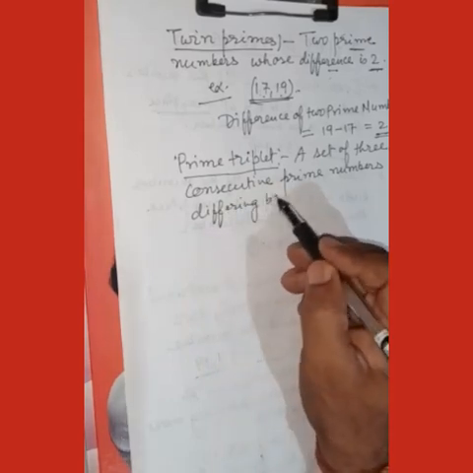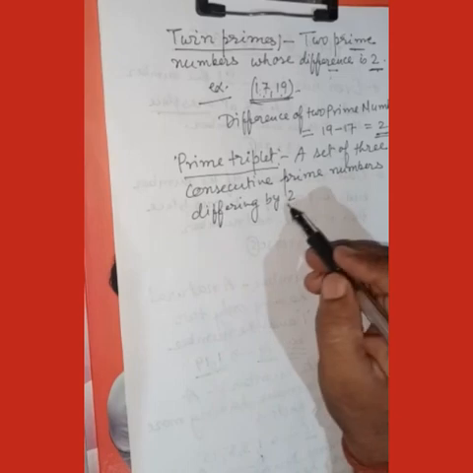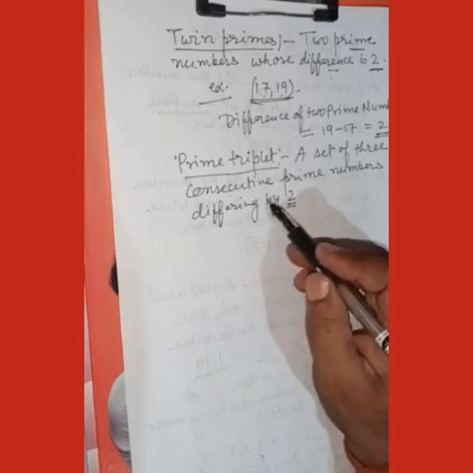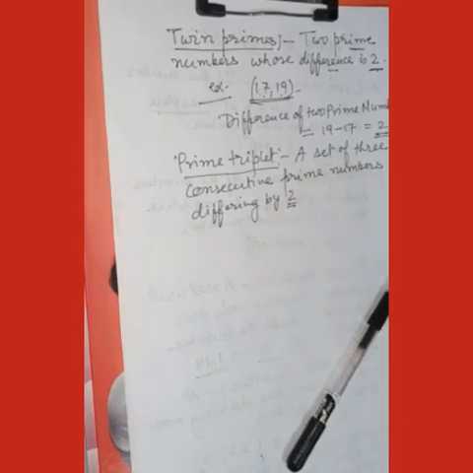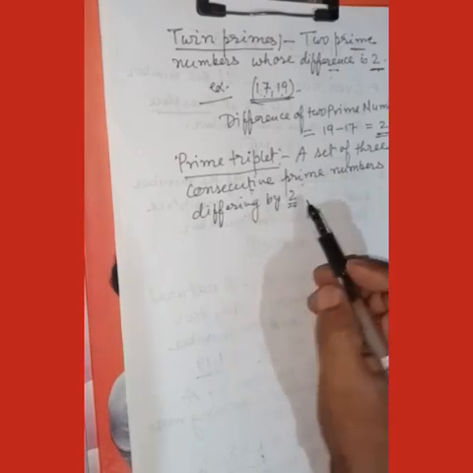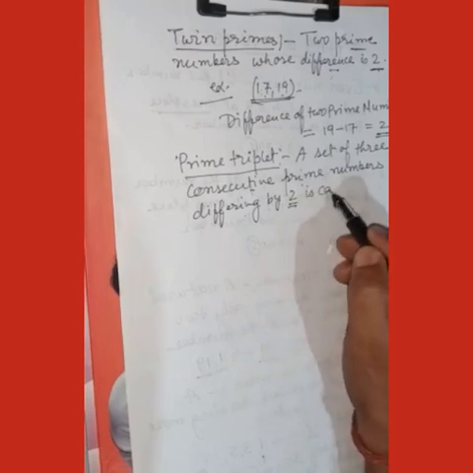Here also differing by 2, then only we can say it is a prime triplet. A set of 3 consecutive prime numbers differing by 2 is called prime triplet.